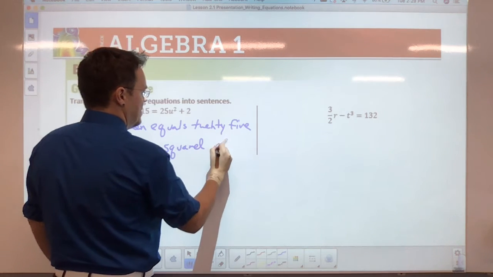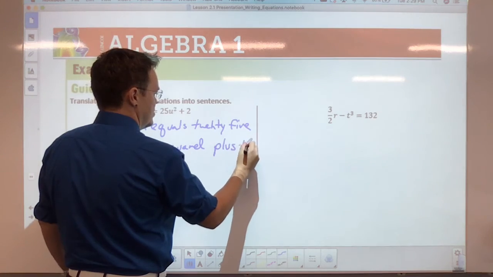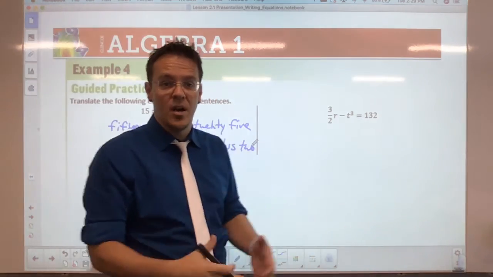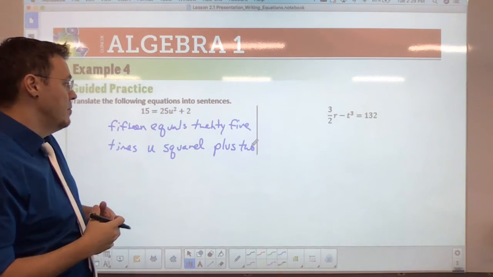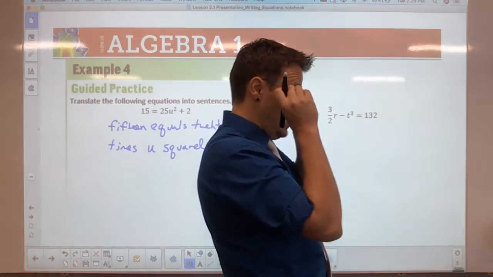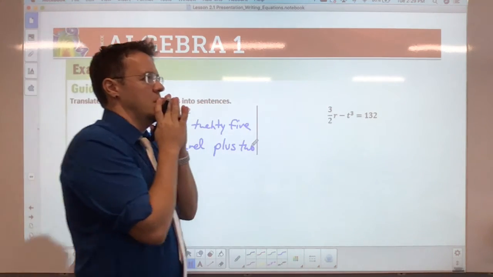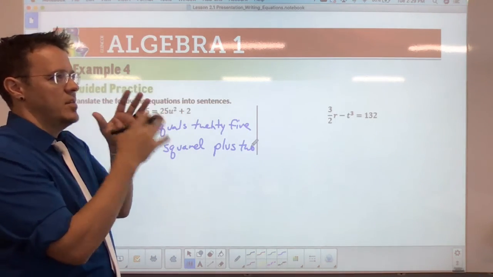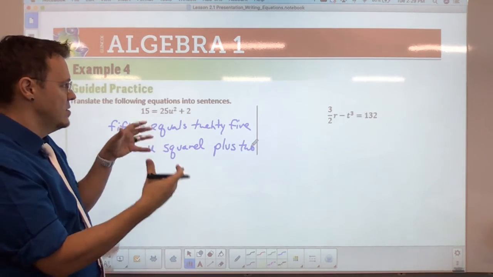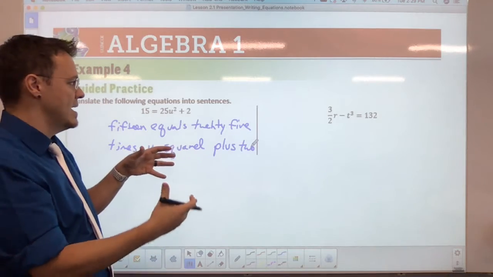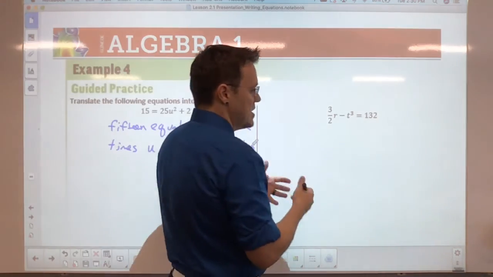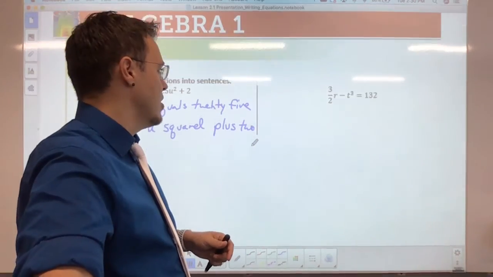And then I would say plus 2, right? Now you could write it differently. You could put the product, or you could put more than 2, okay? You could put the addition of these two numbers, right? You could put the addition of 25, and so 25u squared, you'd write that out, and 2, something to that extent.